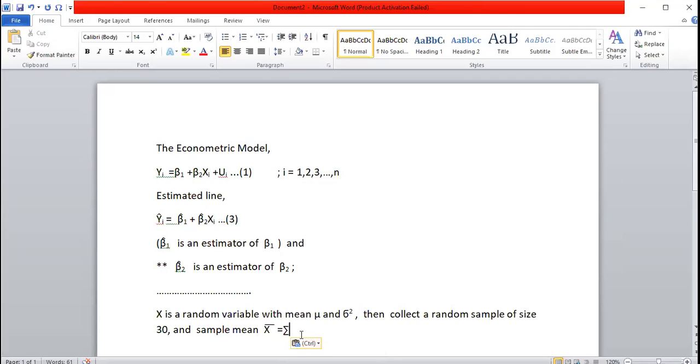If 30 people collect 30 different samples, we get 30 X bars. So what is X bar? It's a variable.